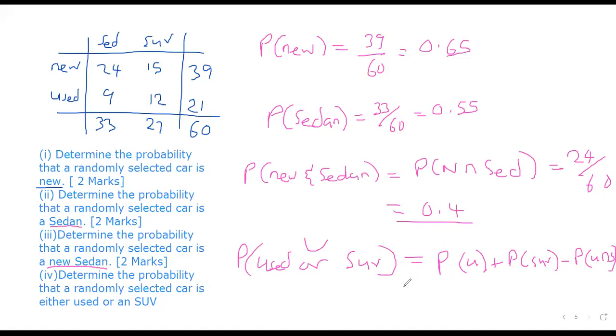So what is the probability of used? 21/60. SUV, 29/60. Intersection of used and SUV, 4/60. Then you can find the answer.